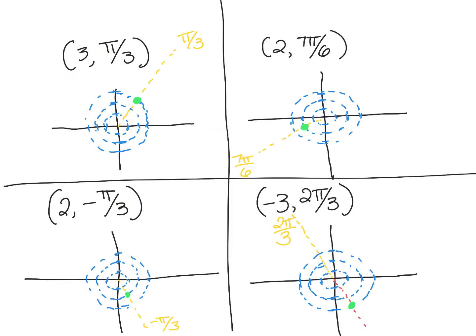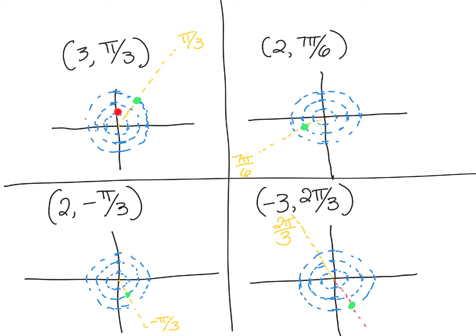Okay, plotting points in polar coordinates. This point says rotate out to pi over 3 from standard position. So I'm going to rotate out 60 degrees, pi over 3 radians, sorry, 60 degrees, and then move 3 units out from the origin. With rectangular we could say 1, 2, 3 and 1, 2, 3.